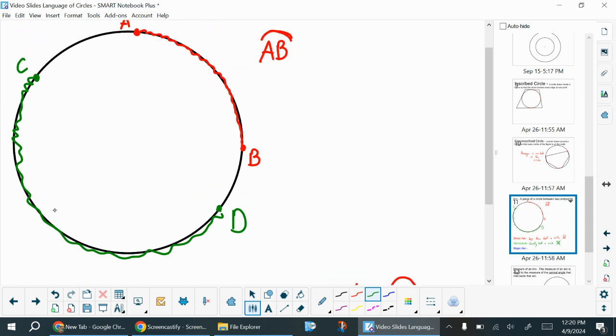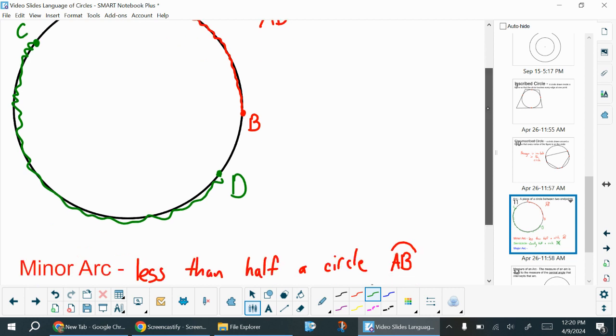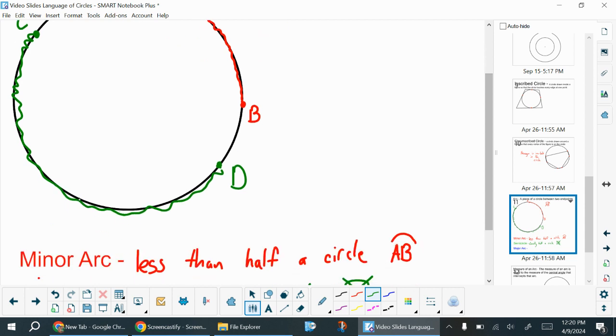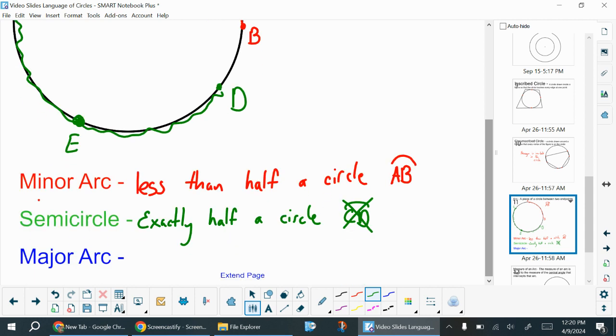Did I want to go this way like I drew, or did I mean to go that way? So anytime we get halfway around or more, it's important that I add another point in there and use 3 points to label it. And so that tells me that I start at C, I end at D, but I want to pick the direction that goes through E. With a minor arc, it's okay to use 3 letters if you have a middle letter, but we always just assume that if it's 2 letters, it's a minor arc. You take the shortest distance around.